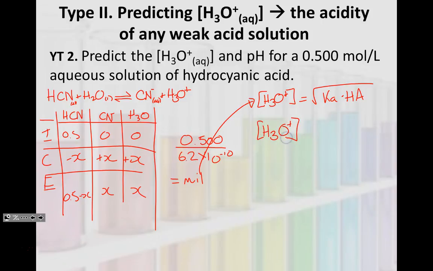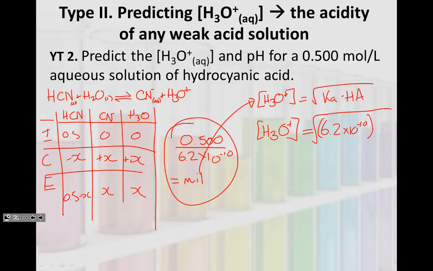So figure out the hydronium ion concentration. The Ka value we just got from the chart was 6.2 times 10 to the negative 10. And I always just make sure I put brackets around it when I put that in the calculator. Times the original concentration of the acid, which equals the equilibrium concentration of the acid because of this that I just did. So I times that by 0.5. And so the hydronium ion concentration is 1.76 times 10 to the negative 5 moles per liter. 3 sig digs, so that would be my correct answer for that part.